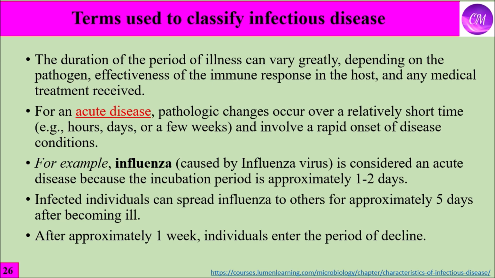For example, influenza is considered an acute disease because the incubation period is approximately 1 to 2 days. Infected individuals can spread influenza to others for approximately 5 days after becoming ill. After approximately 1 week, individuals enter the period of decline.